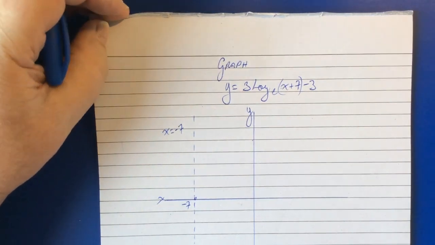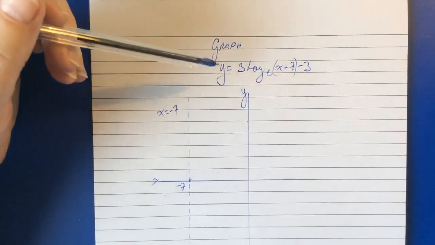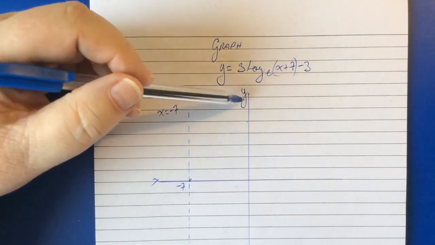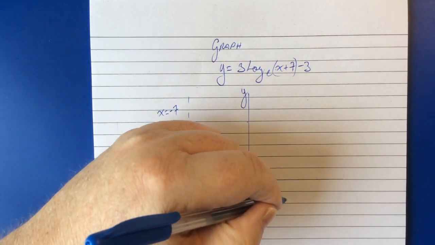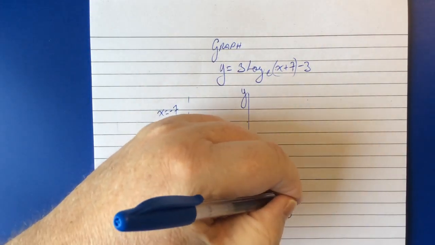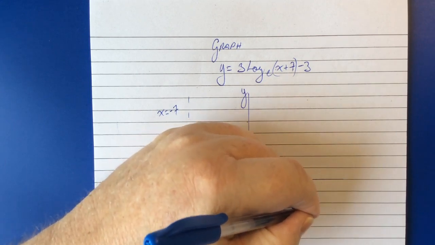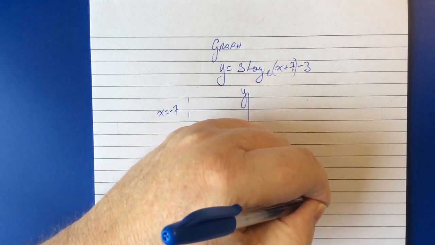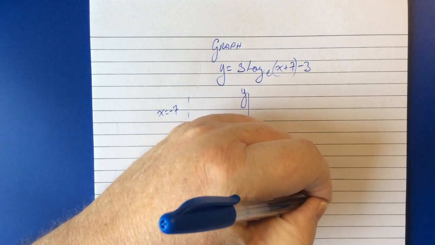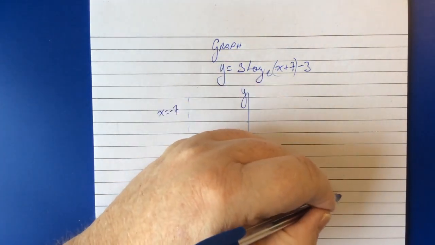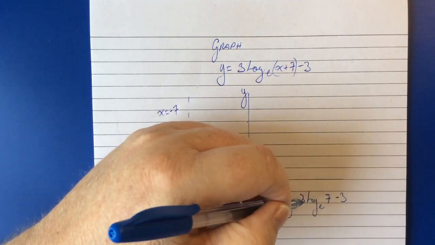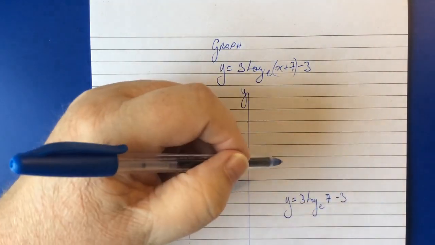So let's start looking. The first and obvious thing to do is to make x equals 0, in which case we get 3 log e of 7, so that x is 0, minus 3. So it's 3 log e of 7 minus 3.